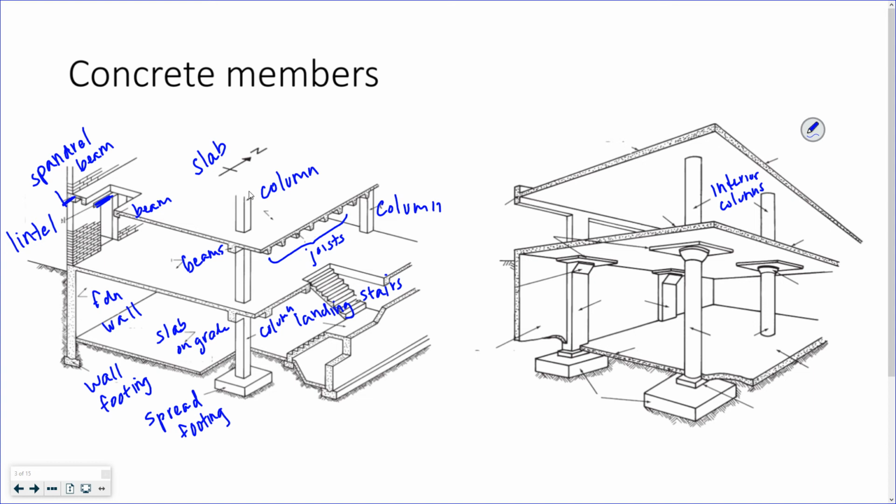And you can see the columns at the top and bottom have certain things, like this is a pedestal at the bottom of the column there. Some more spread footings down here at the bottom.